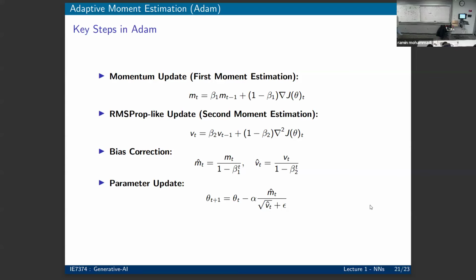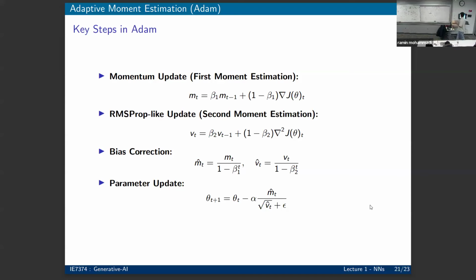The first order momentum is computed over the first order of gradients, and the second order momentum over the second order gradient. Then you do some bias correction: to have a smoother transition, you divide the values found from first order and second order by 1 minus some value, to get a bias-corrected update.